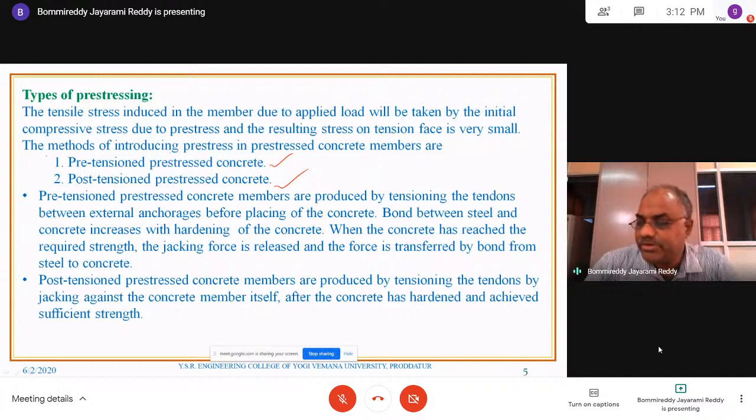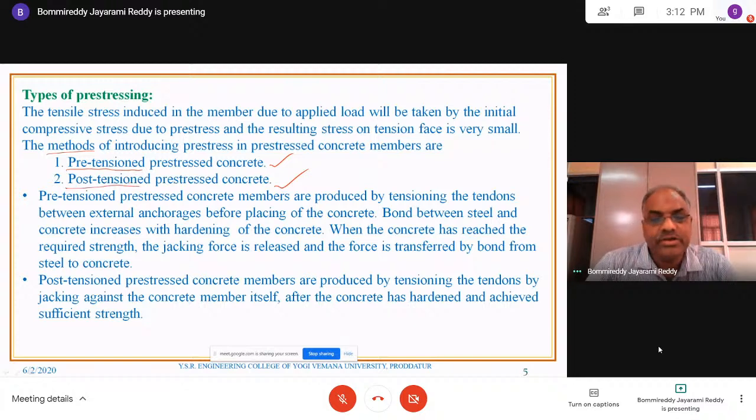So there are two methods of introducing the compressive stress: one is pre-tensioned pre-stressed concrete, the other is post-tensioned. As the name implies, pre-tensioned means tensioning of the cable before casting of concrete, before casting the member. Pre-tensioning means tensioning the member prior to the casting of the element.